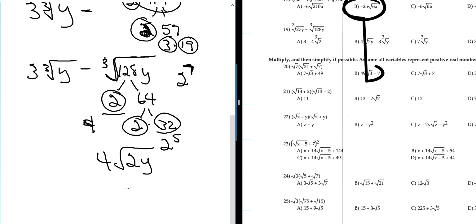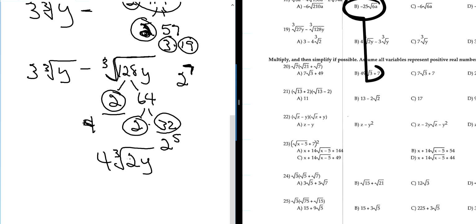That stays inside. Let me make sure here. I've got 4, my index is to the third power, that's 64. 4 to the third power is 64 times 2 is the 128 times the y.